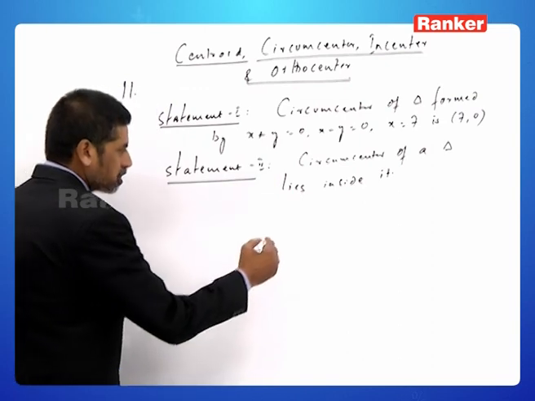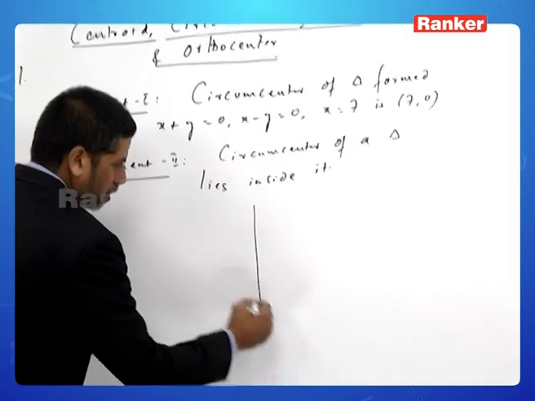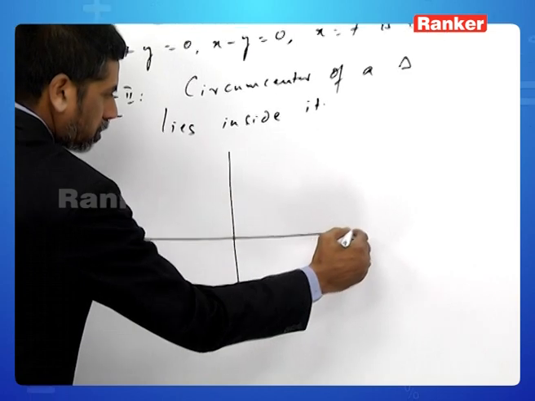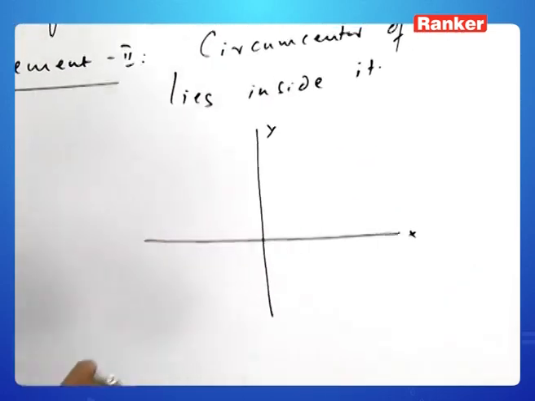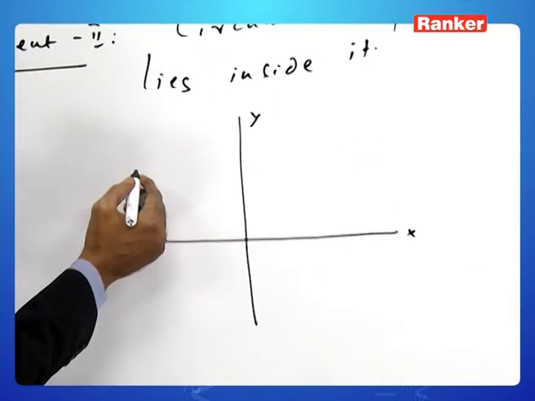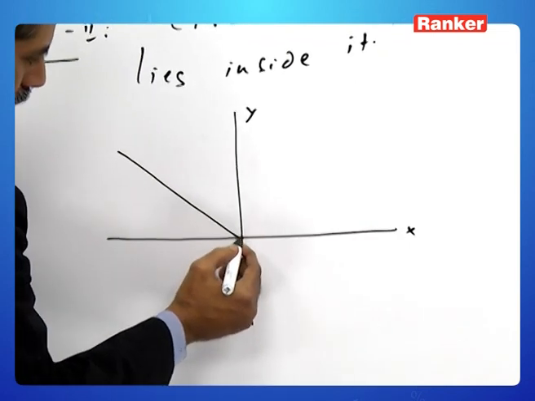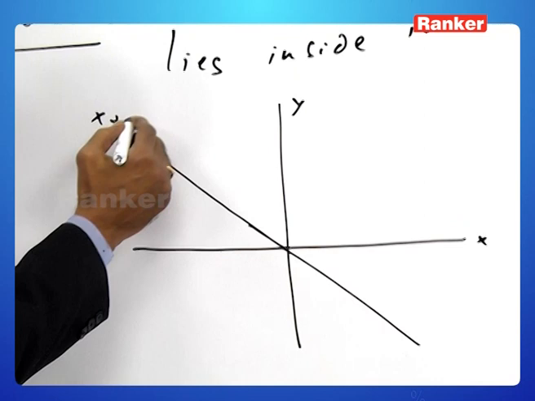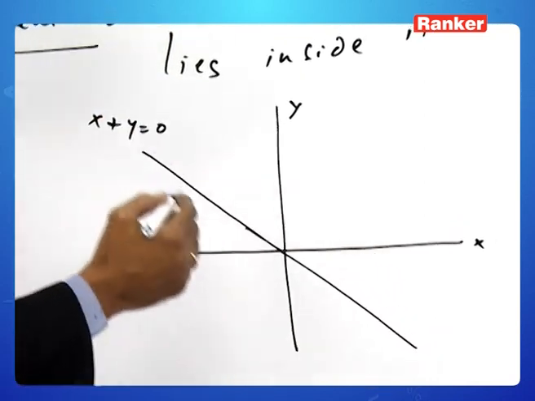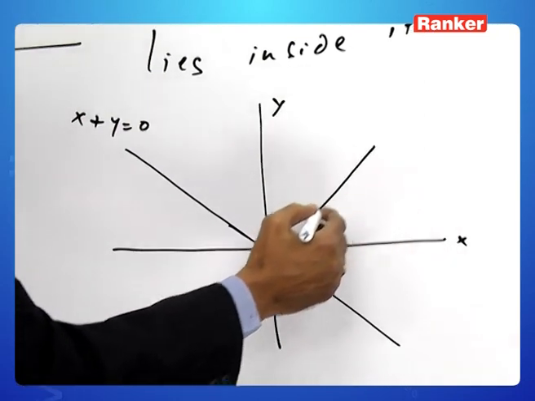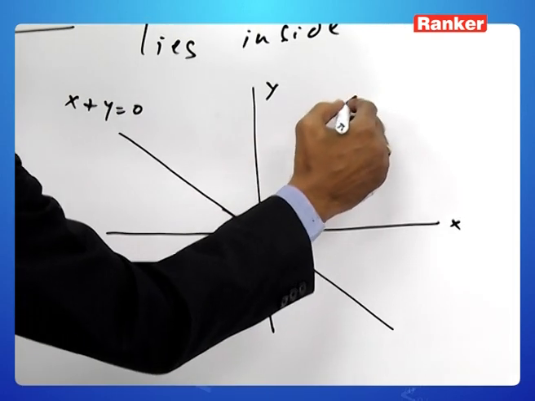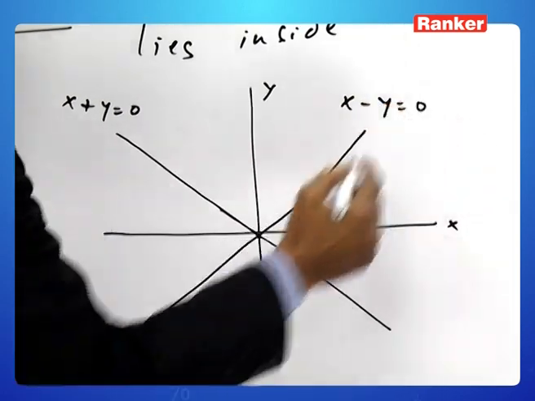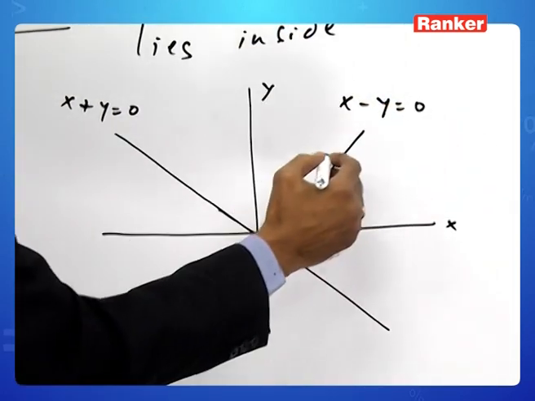Now if you simply draw a sketch, x plus y is equal to 0 is a straight line through the origin with negative slope, and x minus y is equal to 0 is a straight line through the origin with positive slope, and x is equal to 7 is a vertical line.